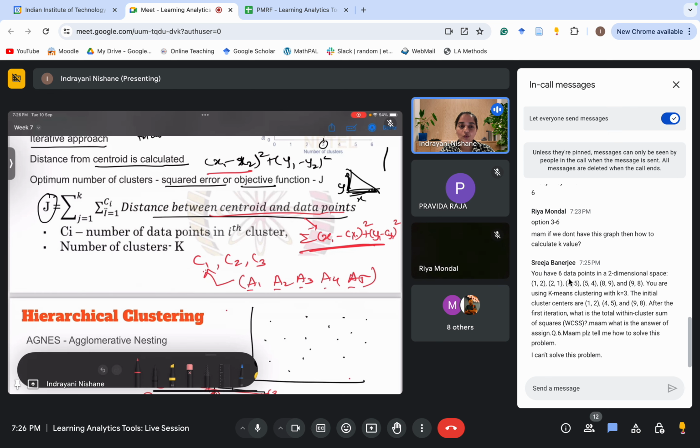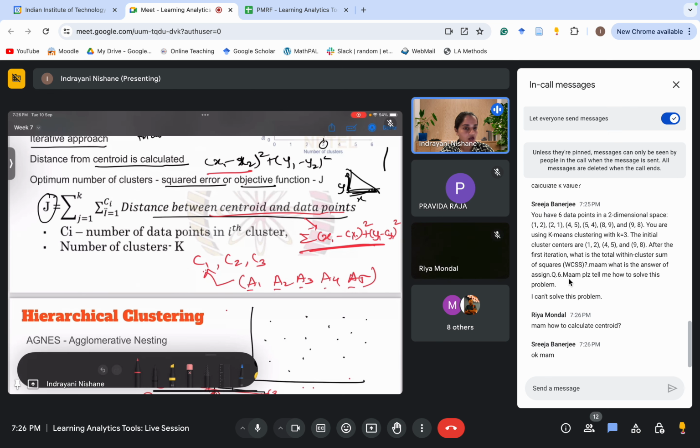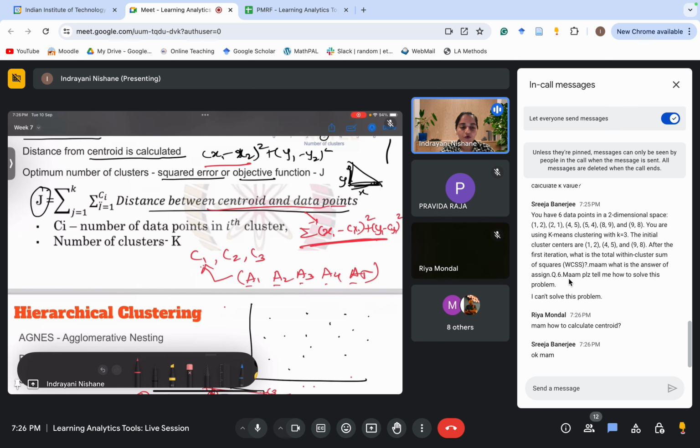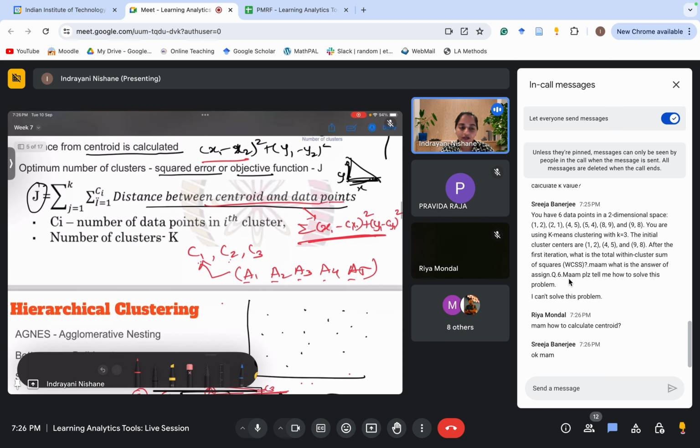So you have to calculate the distance between all the data points and the centroid. There would be x, y coordinates given for every centroid point, and we would have x, y coordinates for the data points. We will use this formula to add all the data points' distances from C1, all the data points' distances from C2, and all the data points' distances from C3, and add everything.